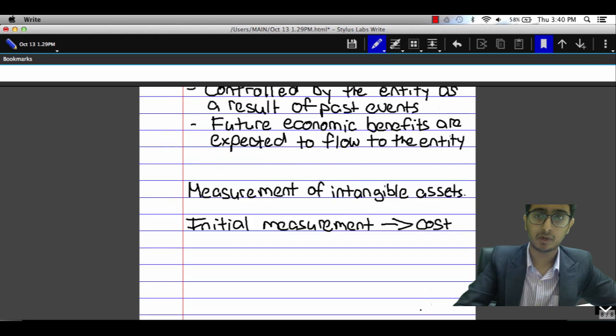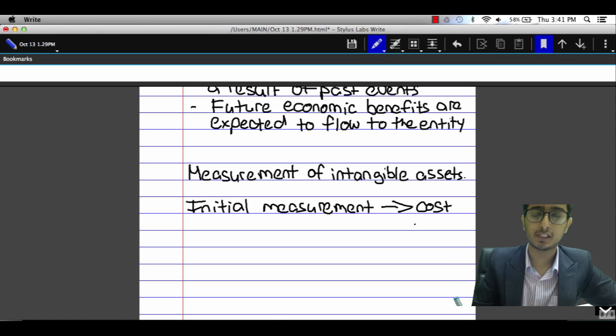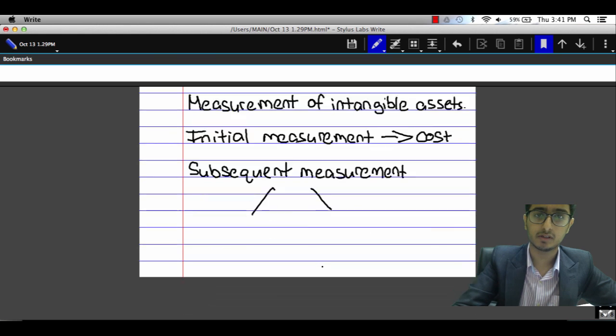Remember, the initial measurement is usually a one-time cost which we will have to incur to purchase the intangible asset. Now, subsequently, or you can say the next year, the subsequent measurement can be chosen in two ways.